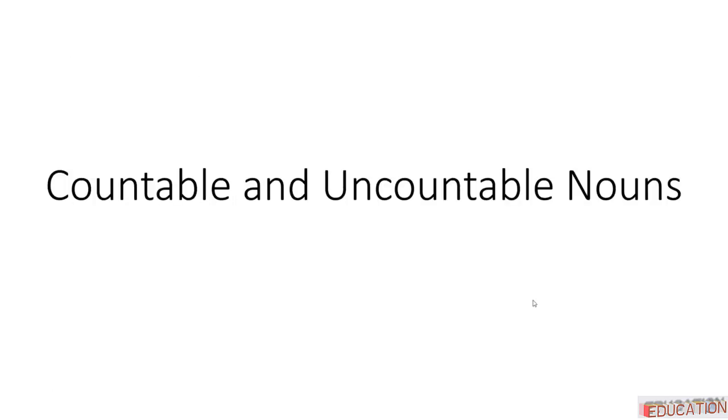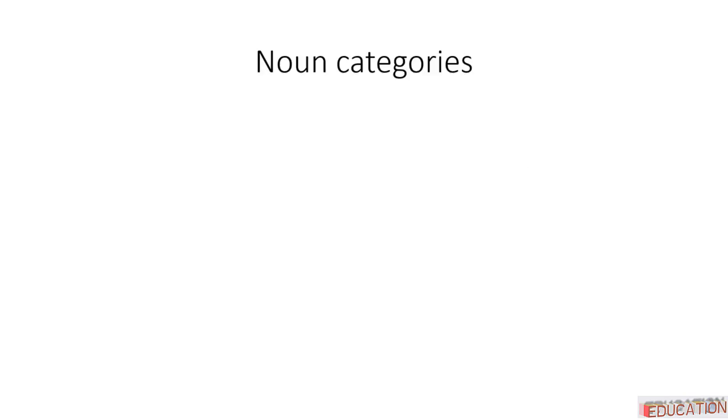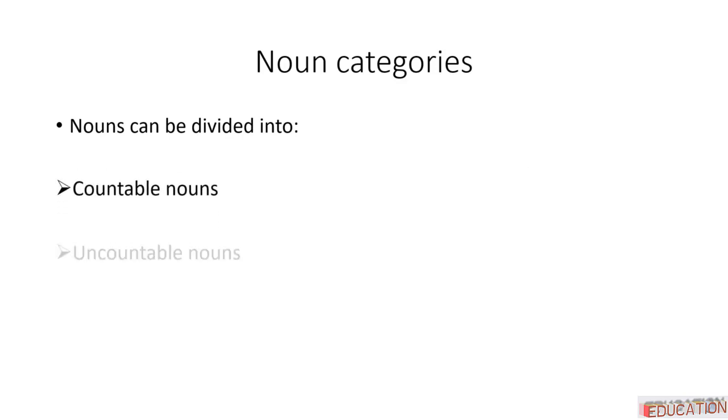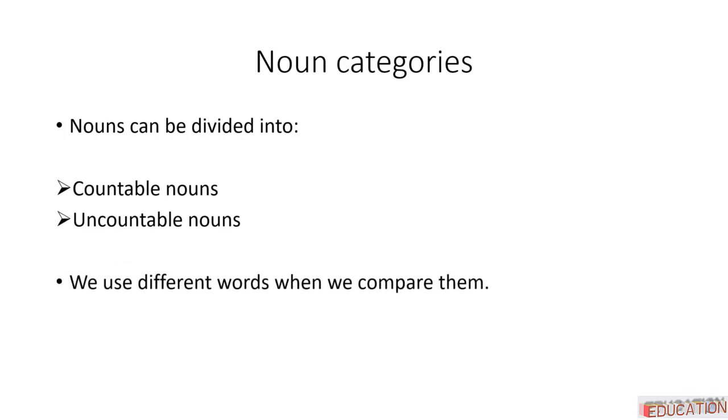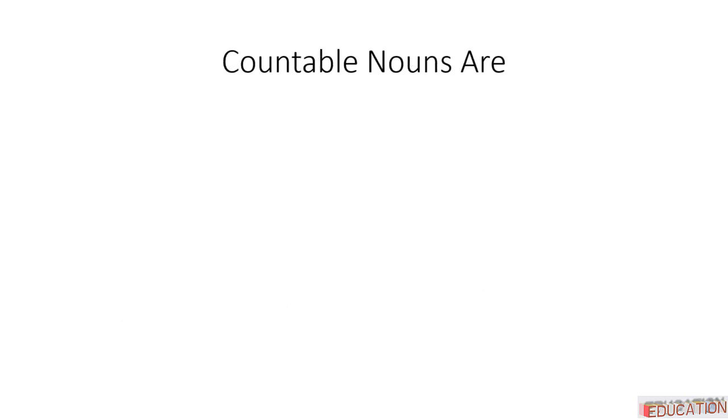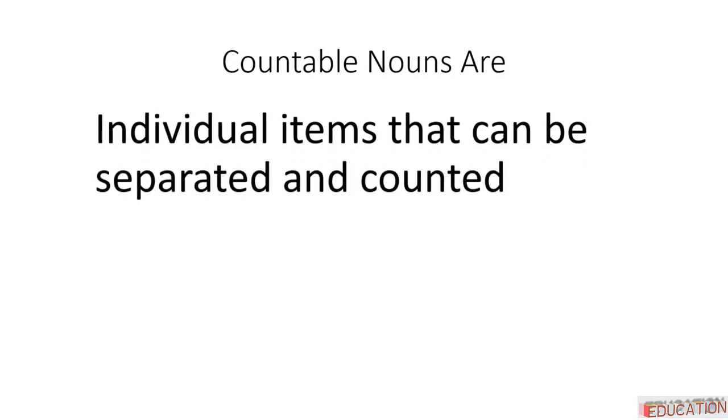The short lecture is on countable and uncountable nouns. Nouns can be divided into countable nouns and uncountable nouns, and we use different words when we compare them. Countable nouns are individual items that can be separated and counted.